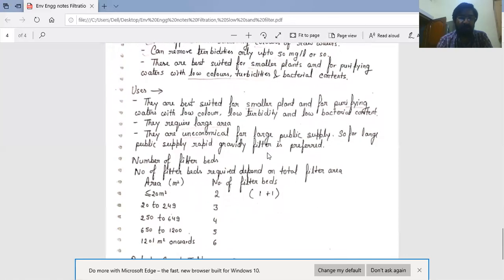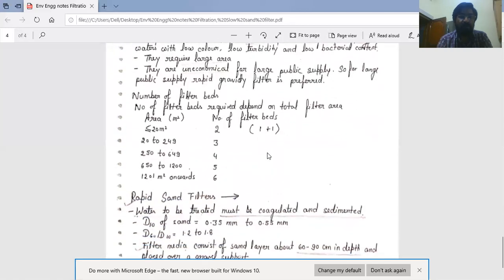Number of filter beds used: the number required depends on total filter area. If the area is less than 20 meter square, 2 filters are used, 1 plus 1 in surplus for the duration of cleaning.